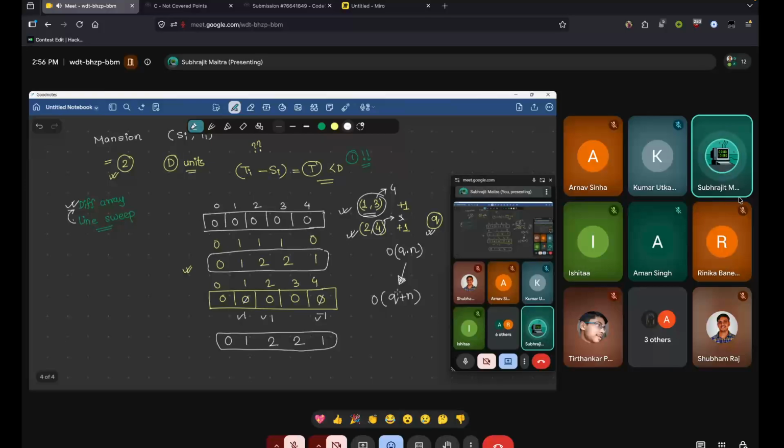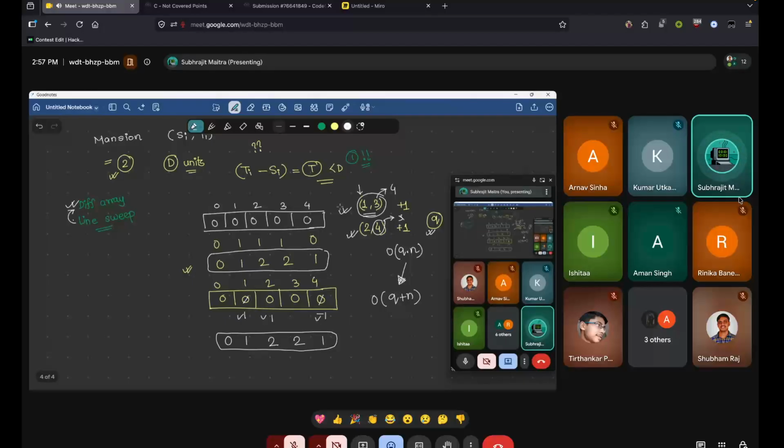Okay. So this same concept we will use in this question also. Why? Because at a particular moment of time, I want to know how many people were currently there in the mansion. So the concept is the same.